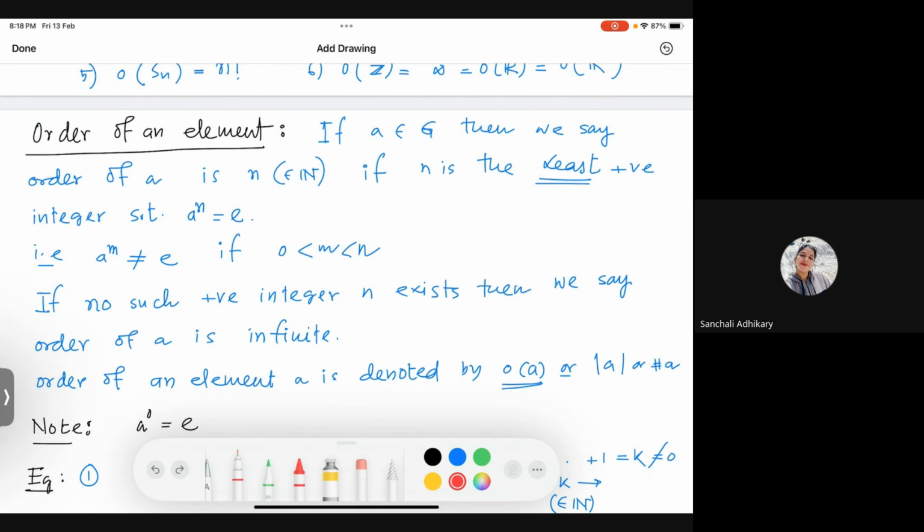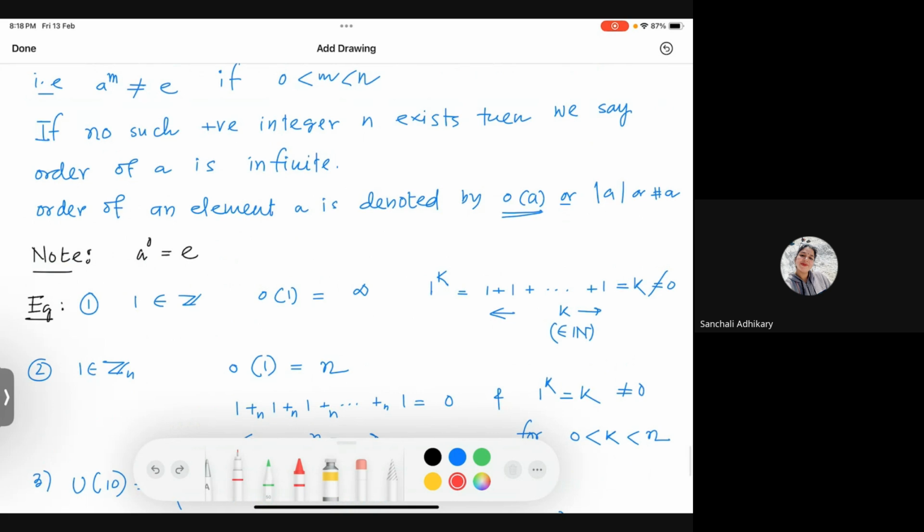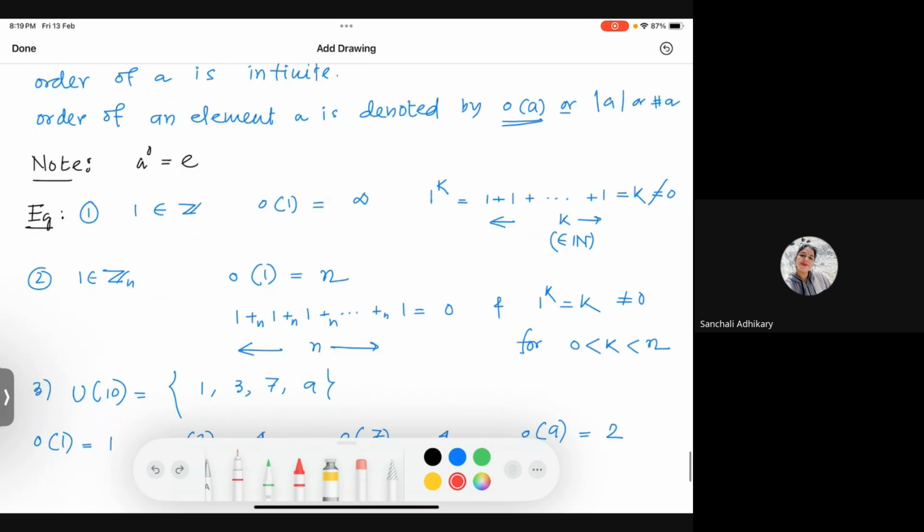Why? Because 1 to the power k is 1 plus 1 plus 1, k times, so 1 to the power k means k. This is not equal to 0 for any k. So that's why the order of 1 is infinite.